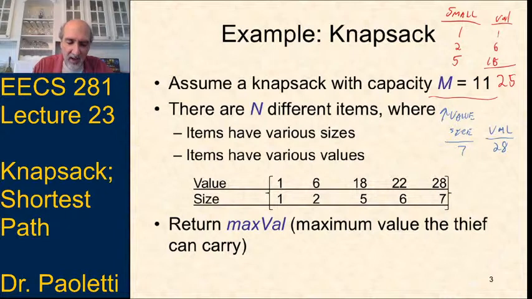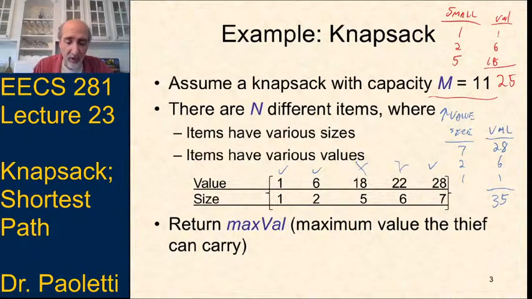That means I can't take that item next, it doesn't fit in my remaining capacity. I've got to take the item of value 6, which has a size of 2. So that's 9 out of the 11. I picked this one, picked that one. I still have enough capacity to pick that one, so 1 and 1, and that gives me a value of 35. Well, that's better.